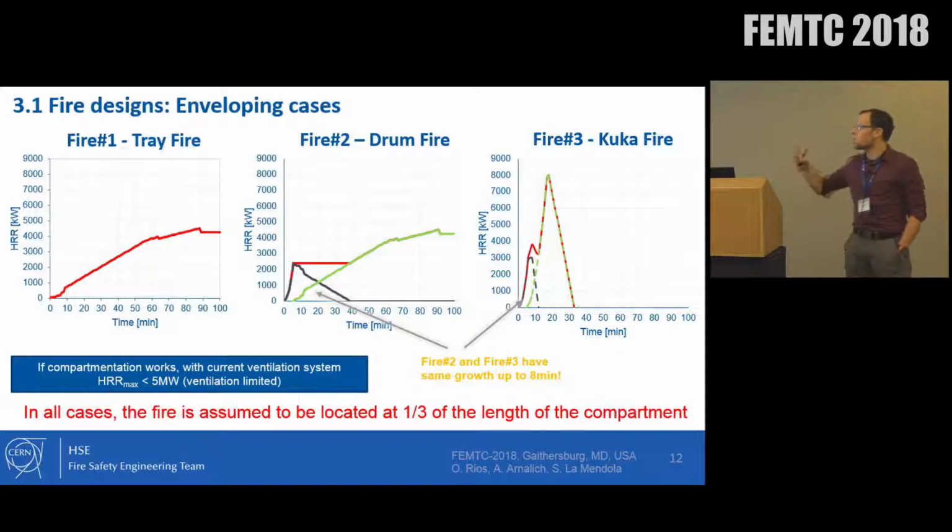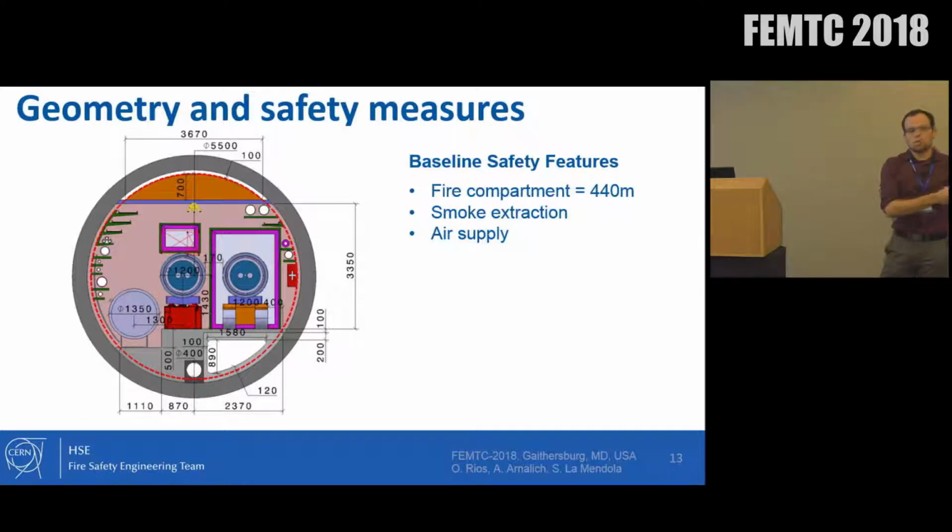I won't focus on that, but we came up with the heat release rates of those fires. And this is the cross section that we get. As you see, this is a 5.5 meter diameter tunnel that has an even ground, due to the machine, this is what we call the machine. This is the pipe that is there in the tunnel.